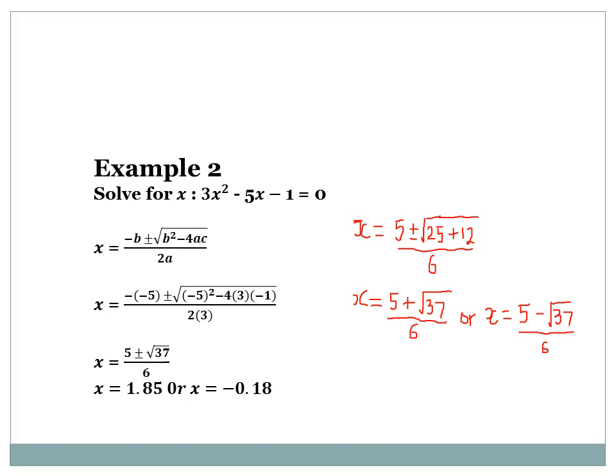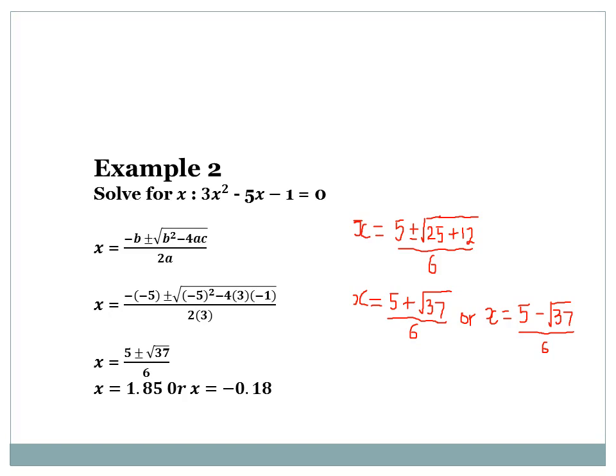And negative 5 to the power 2 will give us 25. And negative 4 times 3 will give us negative 12. And negative 12 times negative 1 will give us positive 12. All divided by 2 times 3, which is 6.